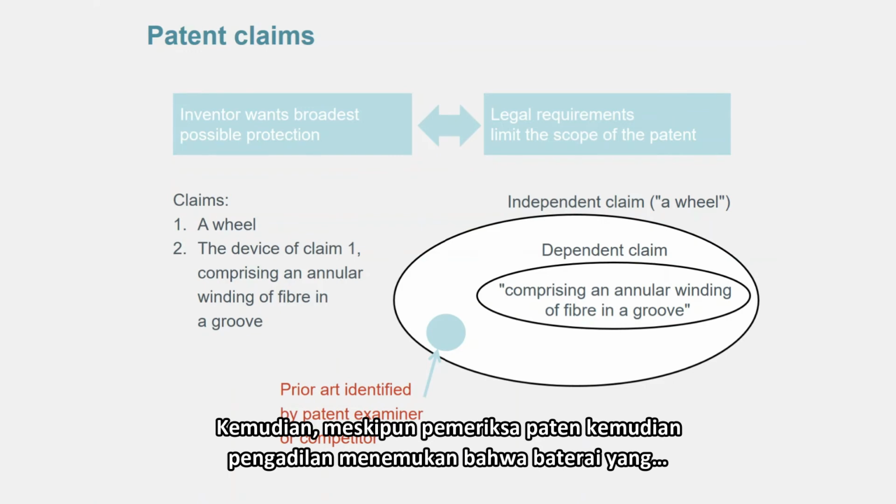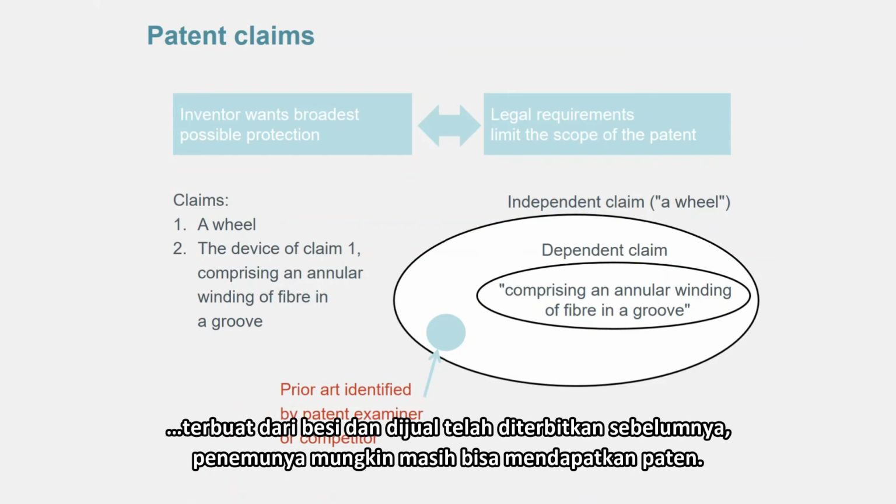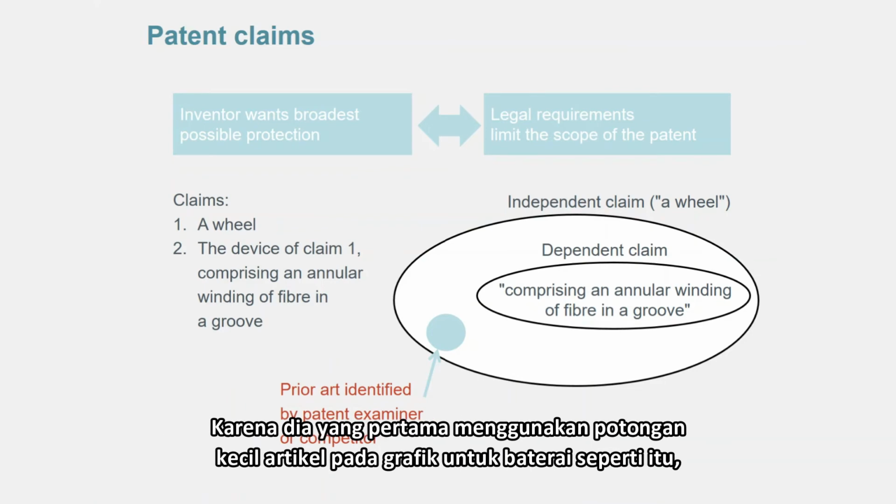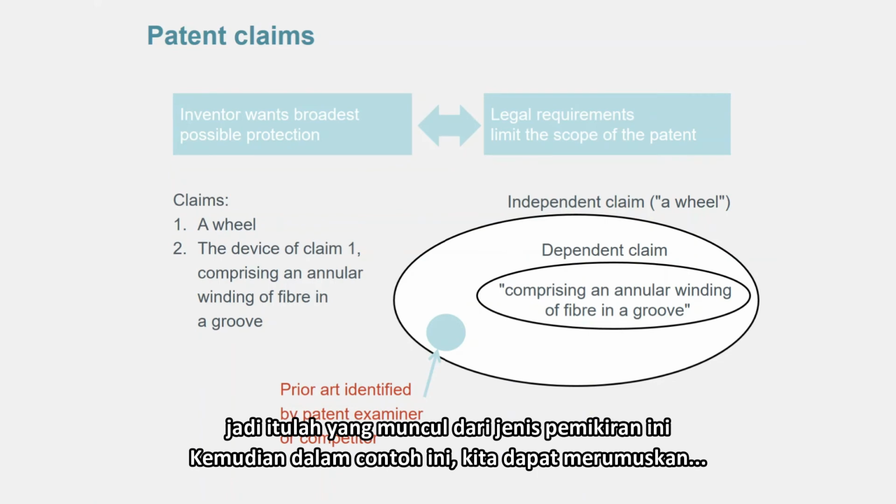Then even though the patent examiner or later the court might find that the battery made of iron and sulfur had been published before, the inventor might still be able to get a patent because he is the first to have used small sulfur particles on graphite for such a battery. So that is actually what comes out of this type of thinking.